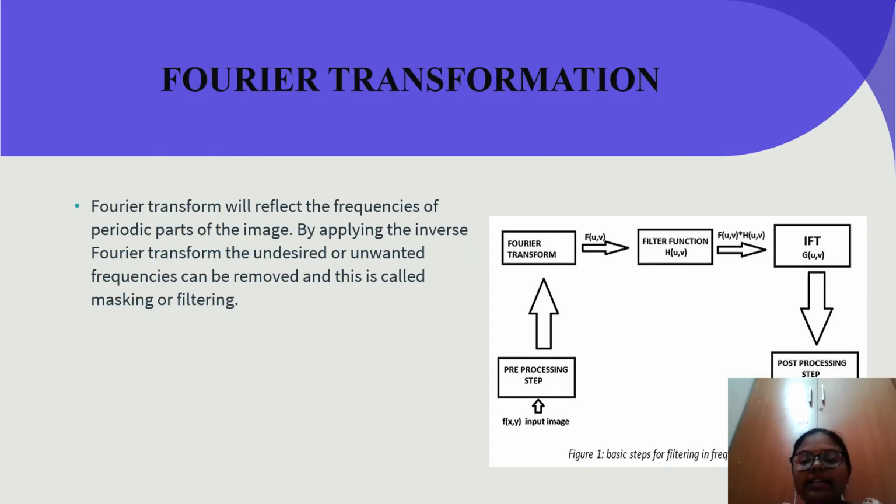Okay, and I have to say that I am going to talk about Fourier transformation. The Fourier transform will reflect the frequency of periodic parts of the image. By applying the inverse Fourier transformation, the undesired or unwanted frequencies are removed, and this is called masking or filtering.